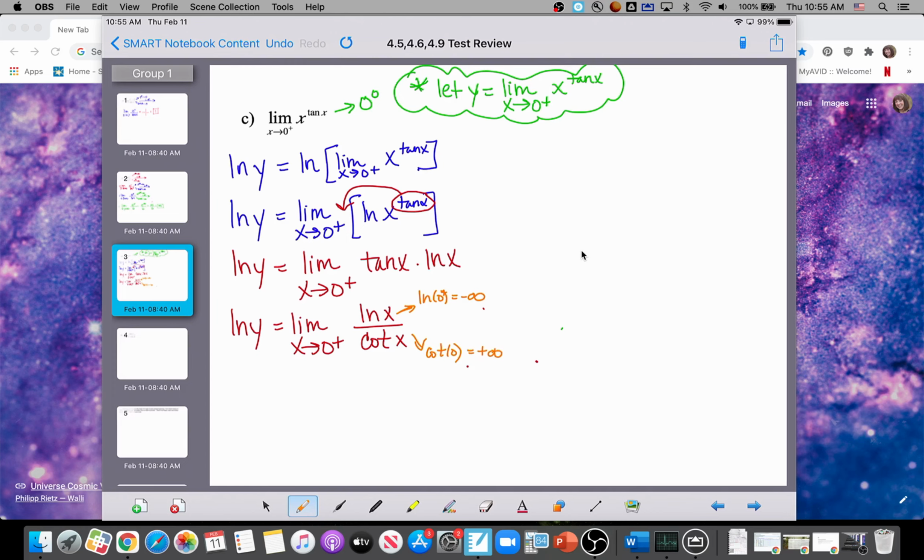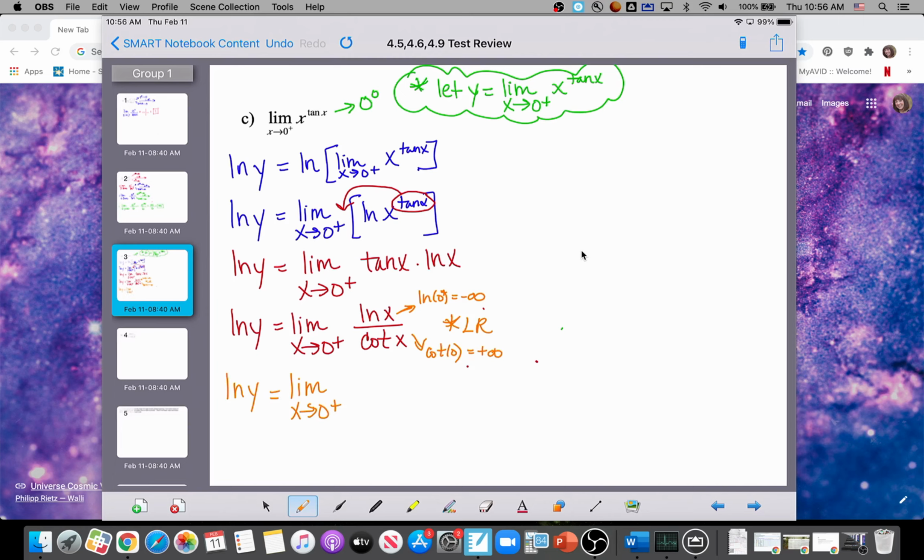Okay, so I have infinity over infinity, which is one of our indeterminate quotients that allows us to use L'Hopital's rule. So I will still have natural log y on the left side of my equal sign, but on the right, now I am going to apply L'Hopital's rule.